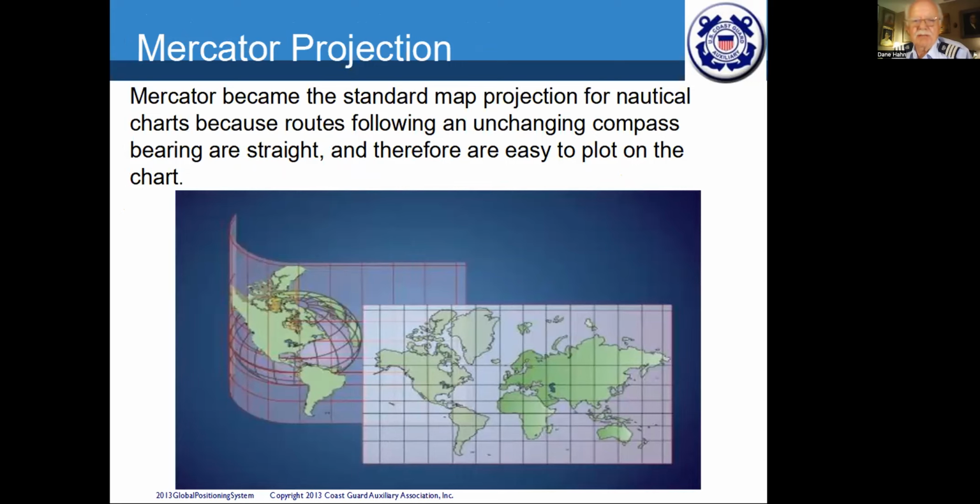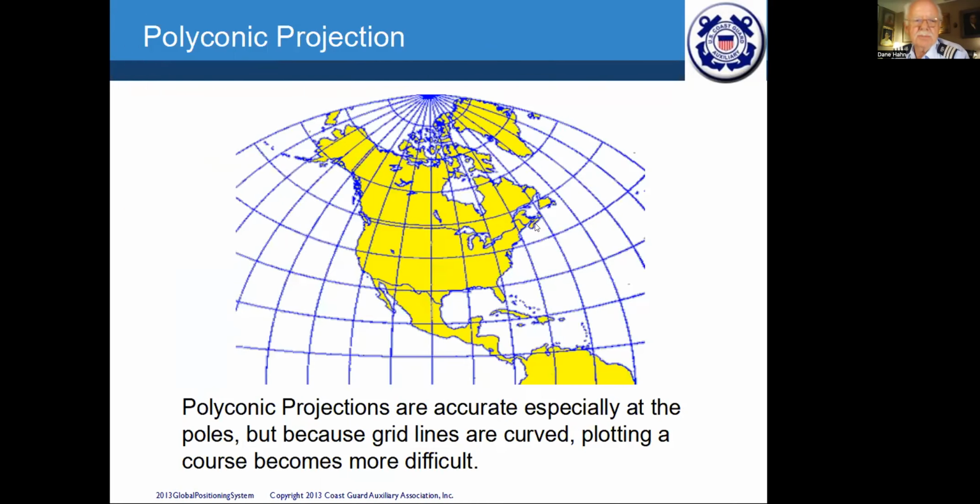And whatever line you drew, if it was straight on this map or this chart, it was going to be a straight line that you were going to be sailing, as opposed to a polyconic projection. This projection really is accurate at the poles and gets grossly out of accuracy as you get closer to the equator. And it's just a little different way of doing it.